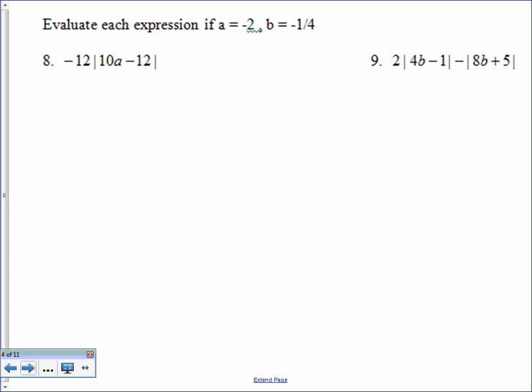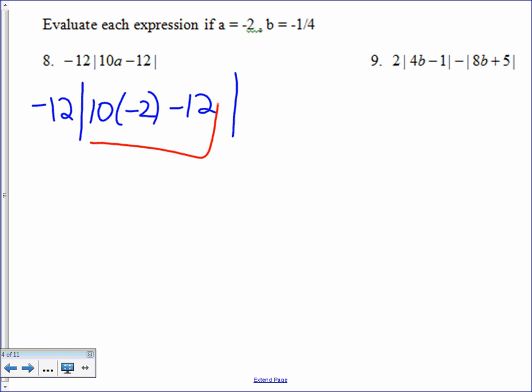For number 8, so we're going to just plug a in. So this is going to be negative 12 times the absolute value of 10 times negative 2 minus 12. So I have to do the absolute value first. That's the first thing I have to get rid of. So I have to finish everything inside.